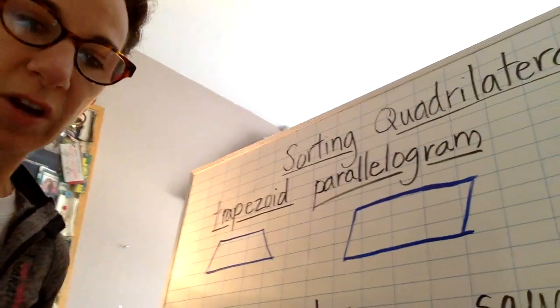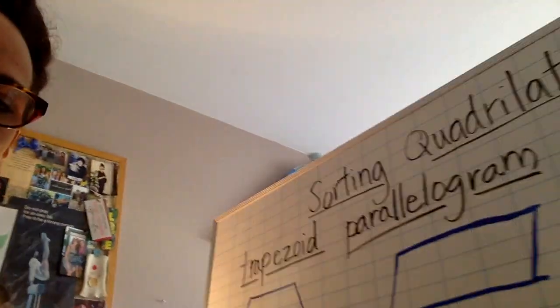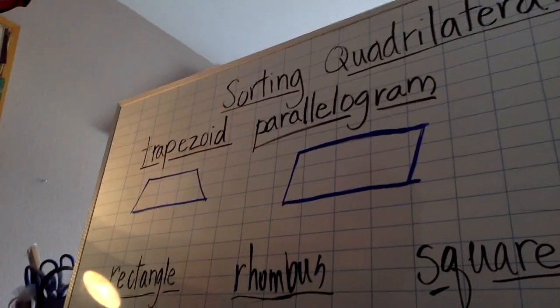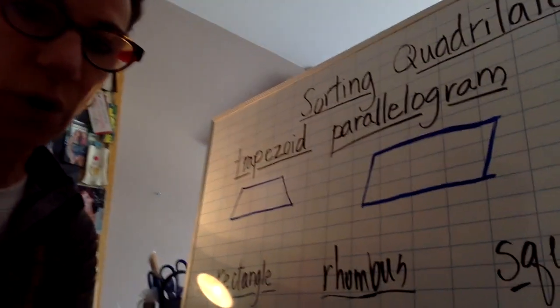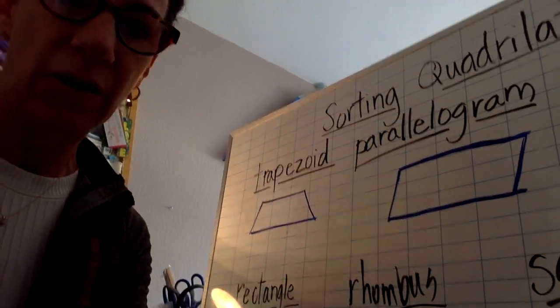I want you to pay attention to the different ones that I have up here for you to recognize the different quadrilaterals, which all have 4 sides. Okay, so let's look if we can define them. I've named them for you and I've drawn them for you. I'm going to make sure that you can see them, so I'm going to position my computer in a way that shows you all of them. All right.